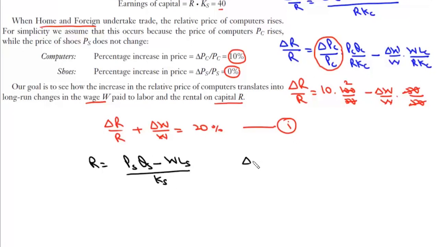Now again we'll find the change in rental, so it will be delta R and it will be equal to delta PS into QS minus delta W into LS upon KS.